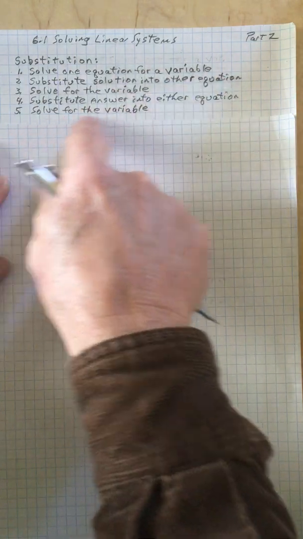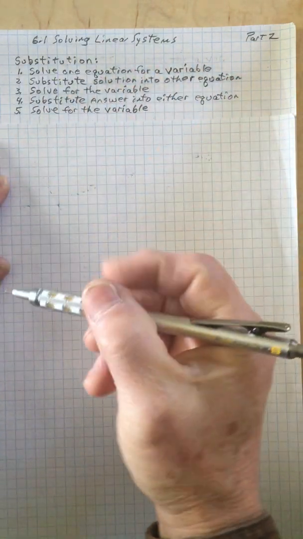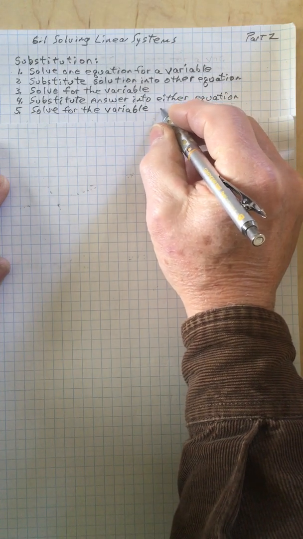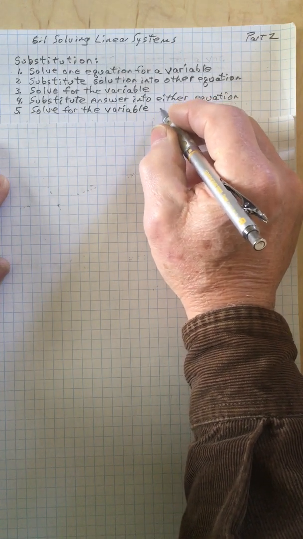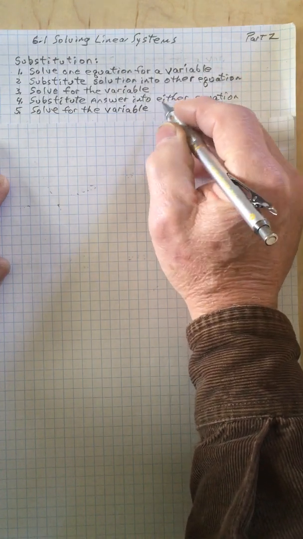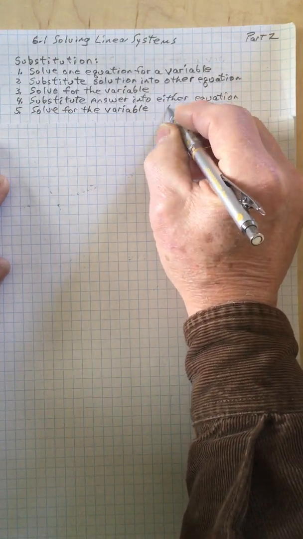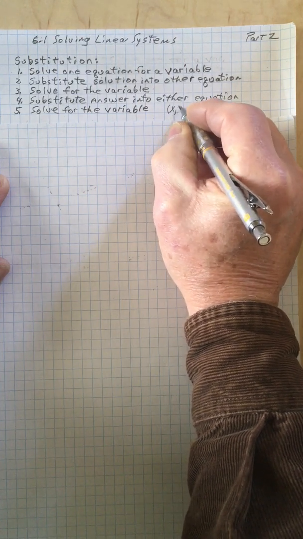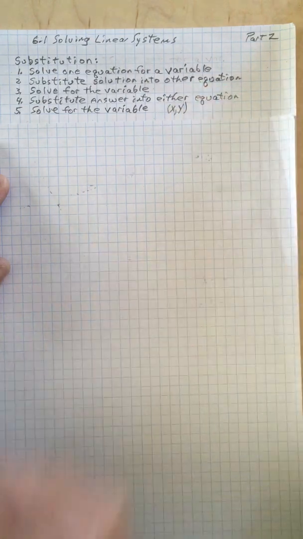Solve that, and then you'll have your values for each variable. And then finally, you'll wind up with something like, say, x equals 5, y equals 2, that kind of thing. But you want to write your answer in this format, so that's a point.